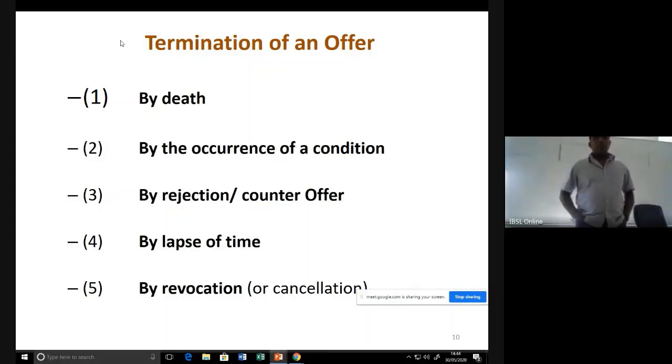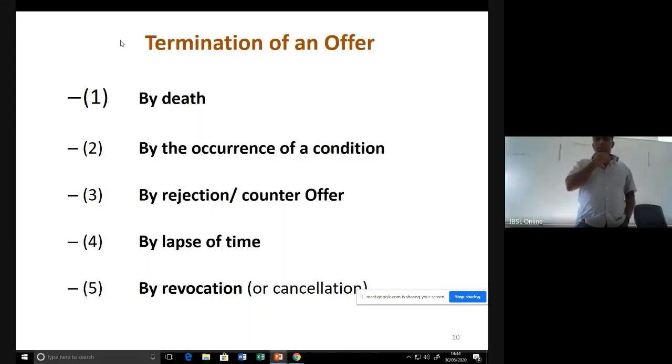Now tomorrow, after realizing it is a good deal, can Nimal accept my offer? He can't, because there is no offer. He rejected the offer. So there's no offer to accept now. He can't say, okay, I will accept your offer for 5 million. Then I can say, there's no offer. The offer is over. You rejected.